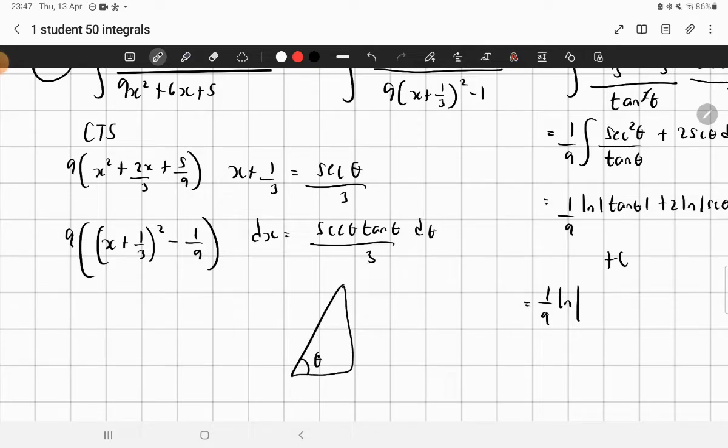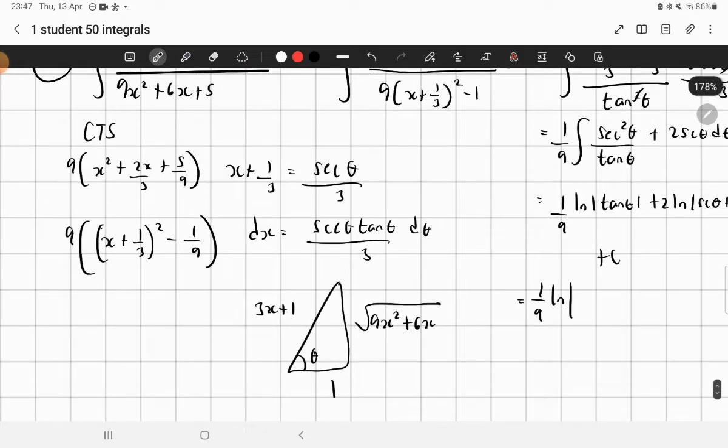So the side, and then the hypotenuse, and then the other one will be the square root of 9x squared plus 6x.